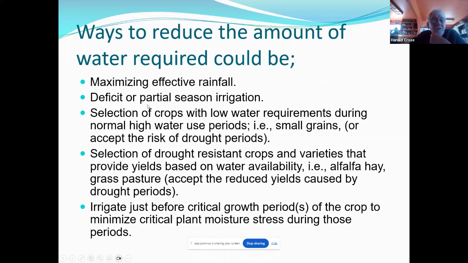Again, the rainfall, deficit or partial irrigation, selection of crops with low water requirements during normal peak use. And we see this some in the Odessa aquifer, where I'm working with growers who might have 5 fields and they've only got X amount of water. If they used all 5 with high peak use like alfalfa, they might not have enough water to do that.